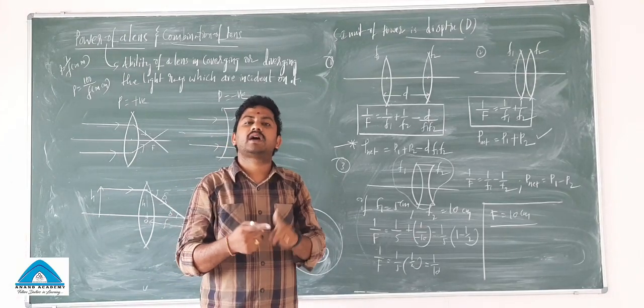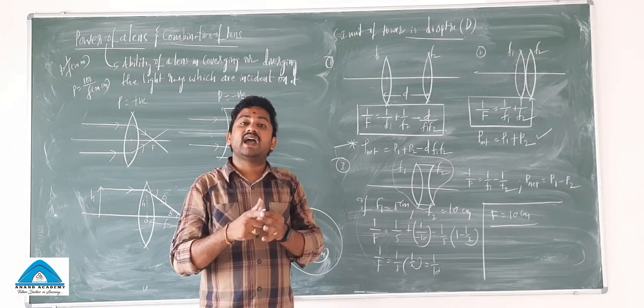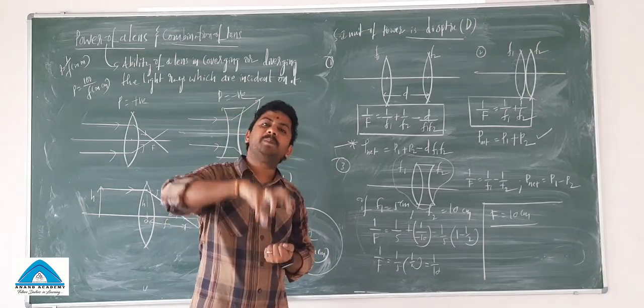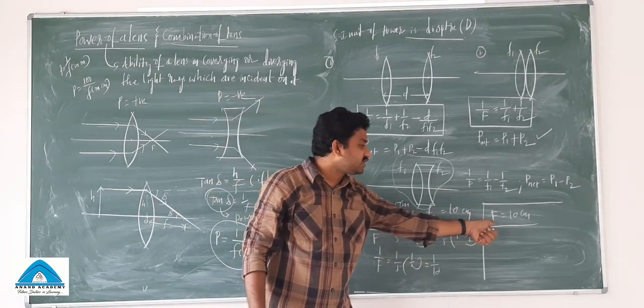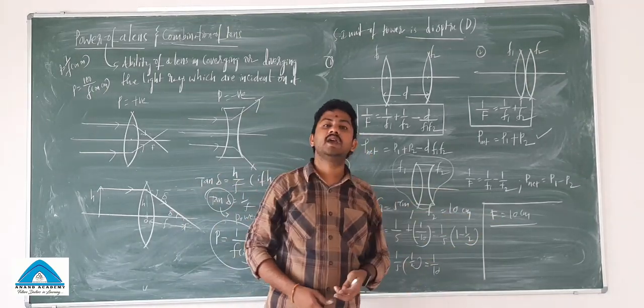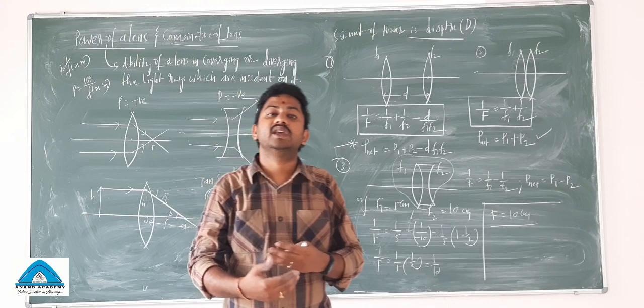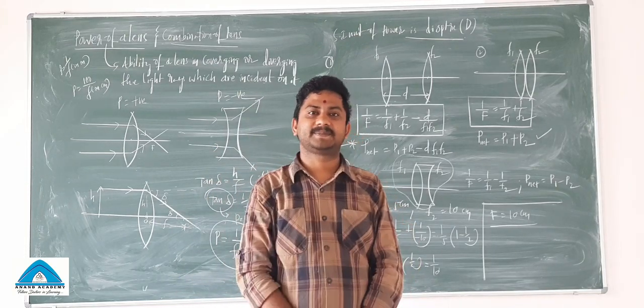When two lenses have combined, the effective system also behaves as a lens, right? In this case, the system is behaving as a positive focal length, that means a convex lens.